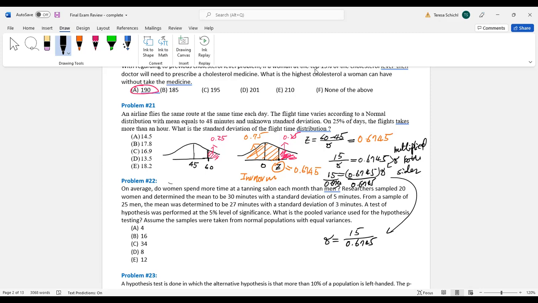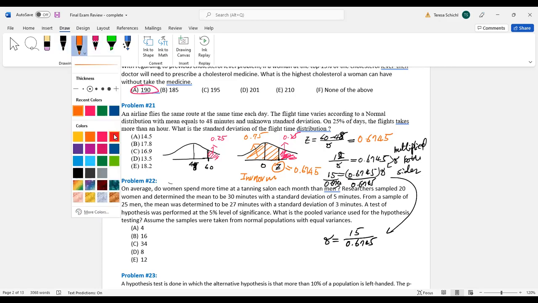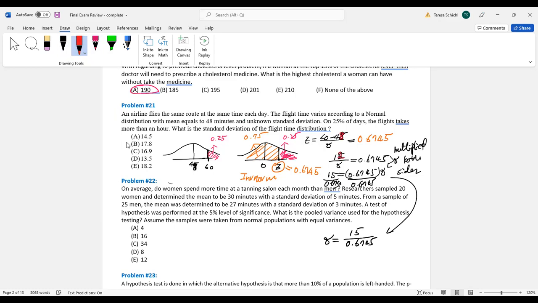So sigma will be 15 divided by 0.6745. Oh, I'm sorry, this is not a 15. I'm sorry, this is a 48. Right, so the mean is 48. So this is 12. Let's make sure we correct this. So this is 48, so this is 12.